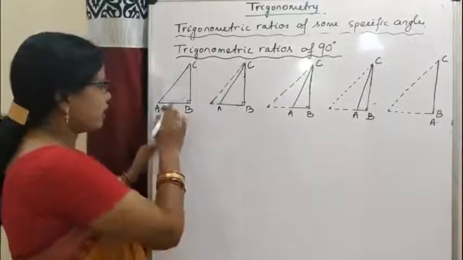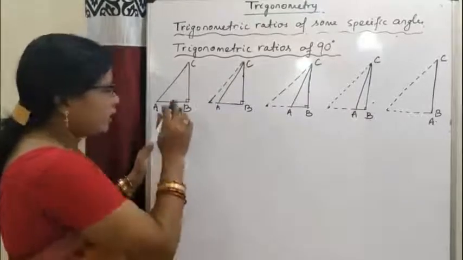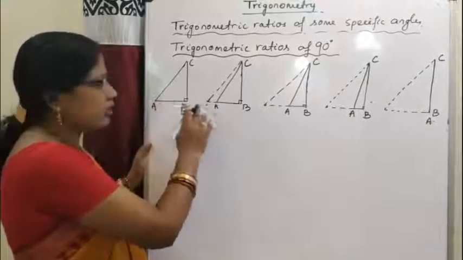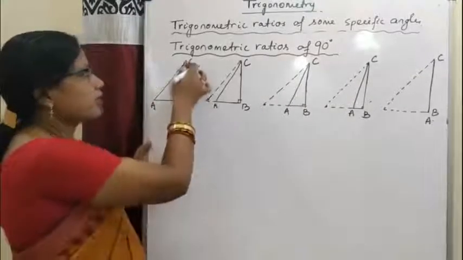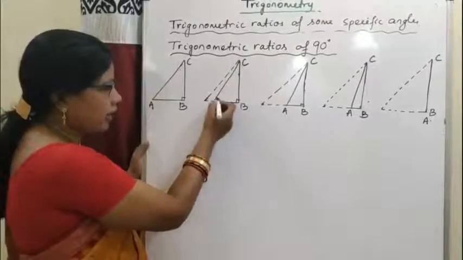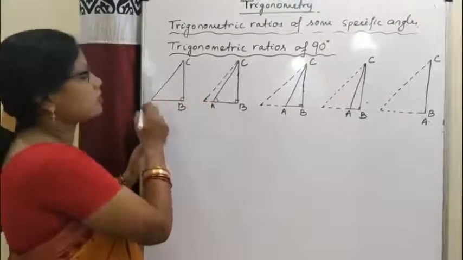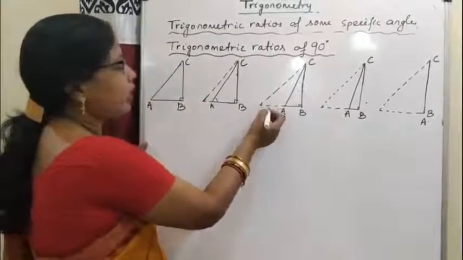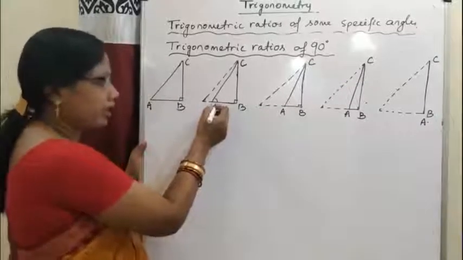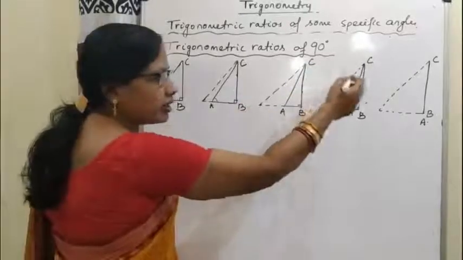Consider this right triangle ABC with angle B is 90 degree. Here let us say angle A is increasing continuously, so that angle C will be decreasing. In the second figure, angle A is greater than the angle A of the first figure. Like this, the angle A of the third figure will be greater than that of the second figure, and the angle C is also decreasing.